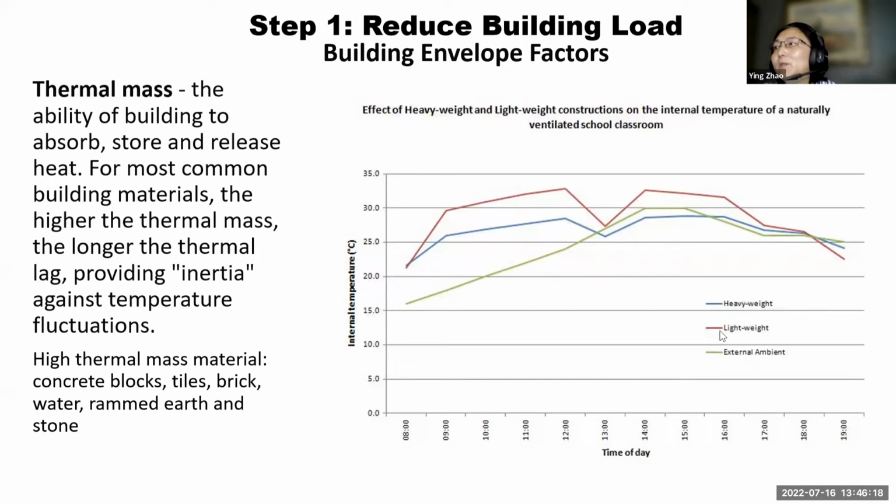And with a lightweight building, without thermal mass, the indoor temperature has much more variation. So that's how thermal mass is typically used. Thermal mass materials are typically concrete blocks, tiles, brick, even water, rammed earth and stone.